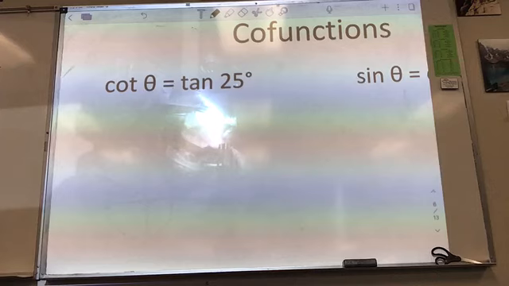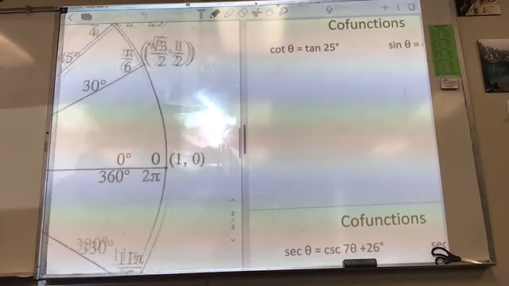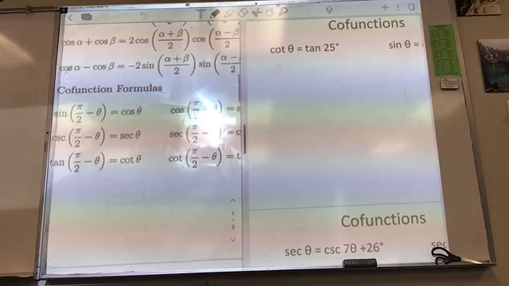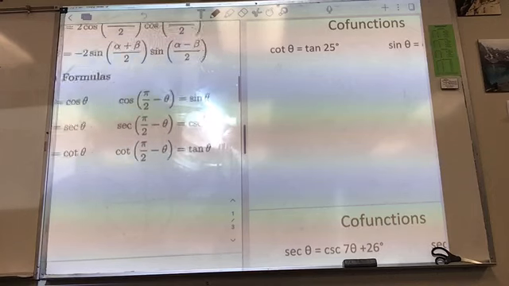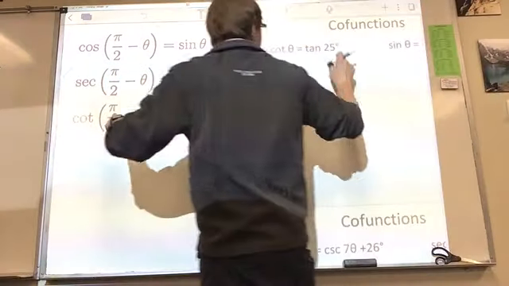But let me show you how to work that out algebraically. Okay? So if we look at our sheet, down at the bottom here, which we've looked at before, are cofunctions. This cofunction looks like the bottom right of that. Okay? But this says radians, right? That's a pi. We want it in degrees.